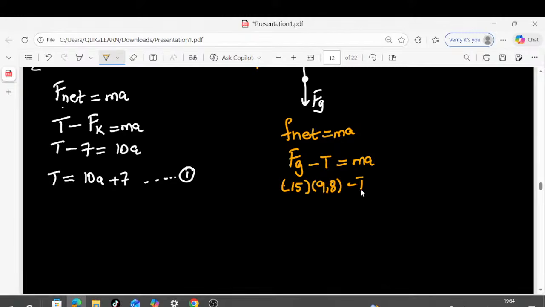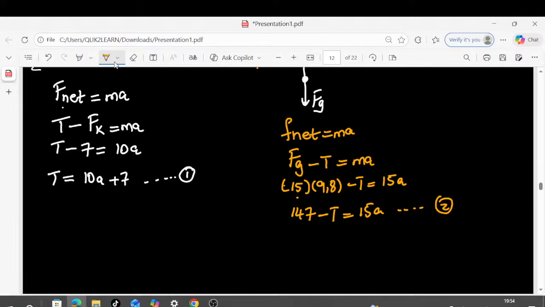We minus the tension, and it is equal to 15A. So what is the plan here? We can make the tension the subject of the formula, or we can just go straight and substitute our tension. I know that 15 times 9.8 gives us 147 newtons. We minus tension, this is 15A. I'm just going to call this equation 2.